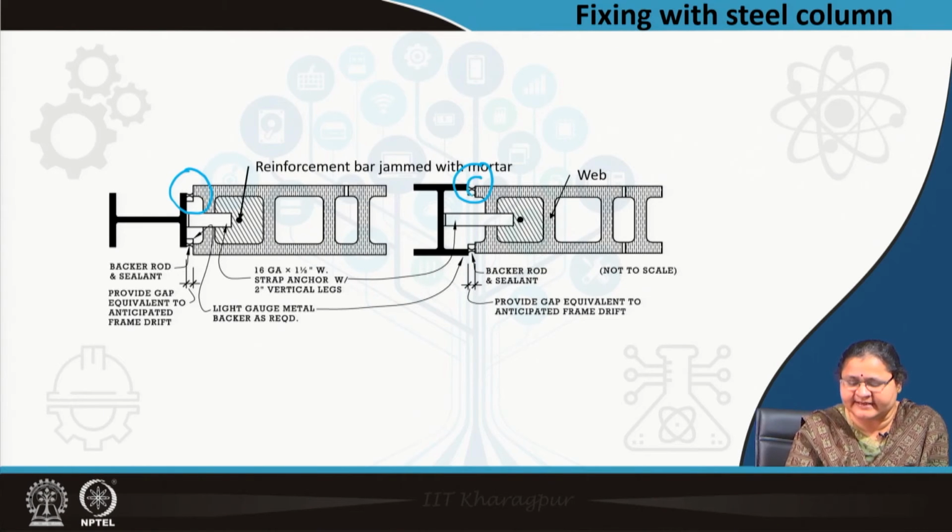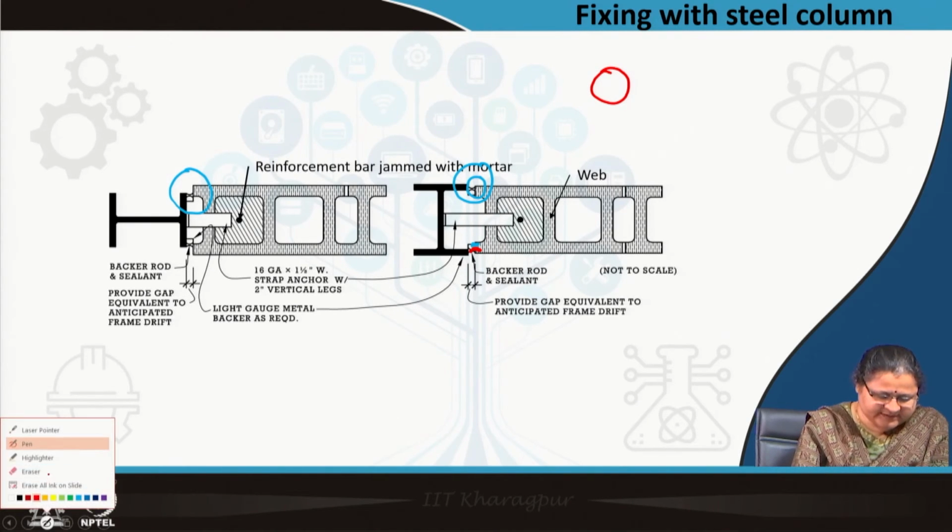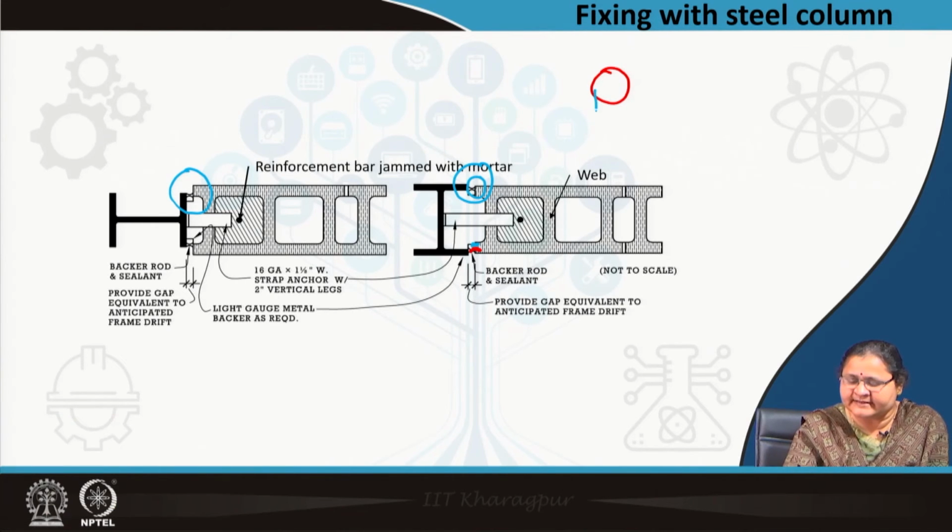So, this is the sealing point, and you see here there is a backer rod, and in front of it is the sealant. The backer rod is a flexible pipe and the sealant which holds it and seals it will come like this.